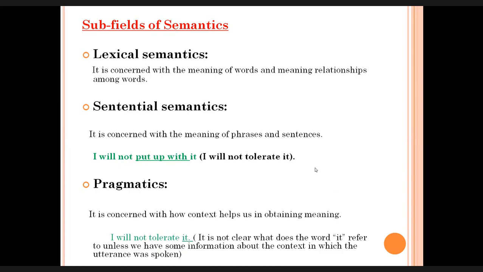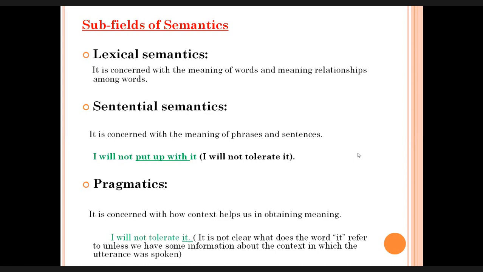So here, word level meaning will not be enough. You need to look beyond the word level meaning. That is, you need to look at the meaning of the whole phrase. The whole phrase together has a single meaning. The individual words in the phrase do not have any separate meaning.